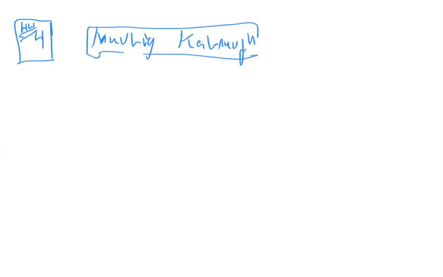So let's take a look at what's known as a K-map. K-map is named after Maurice Karnaugh. Maurice Karnaugh came up with this idea after looking at a paper by a guy named Veitch.